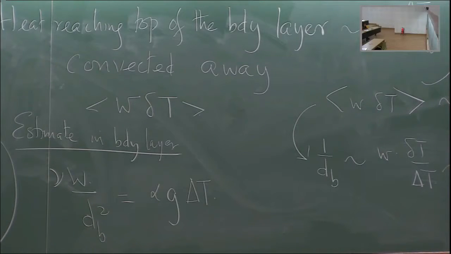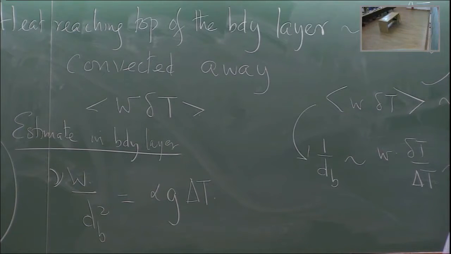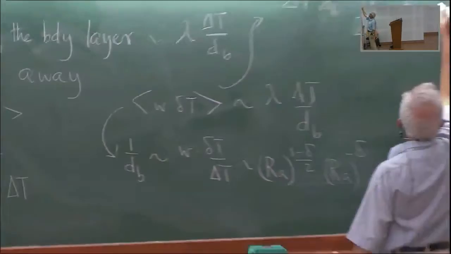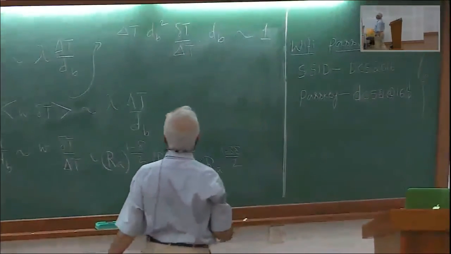So all that I need to do is write things which vary and not worry about things which don't. Delta T times dB square, that's my W, times delta T divided by delta T times dB, which is of the order of unity, right?